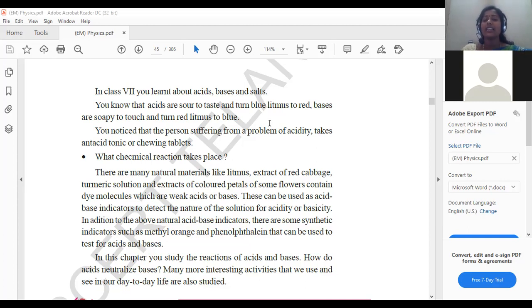If the value is exactly 7, that is a neutral compound. If the value is near 7, towards 14, that is a weak base. And if it is near 14, that becomes a strong base. So this is the Sorensen scale, where you can monitor the strength of acids and bases.